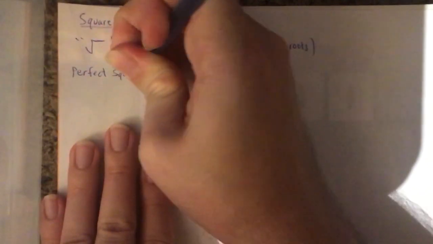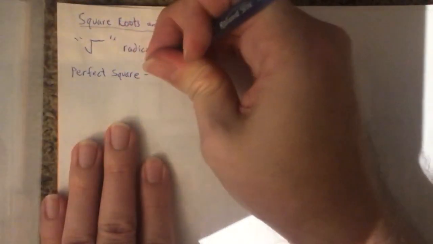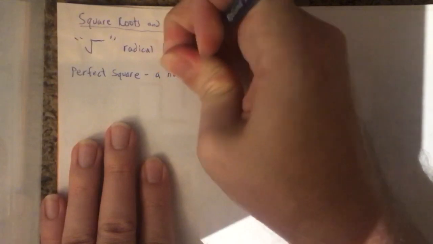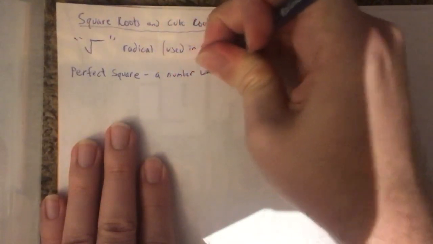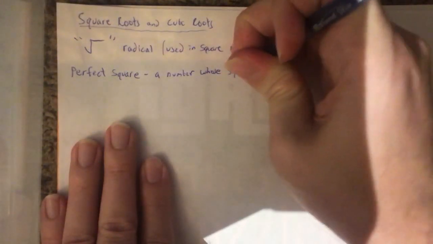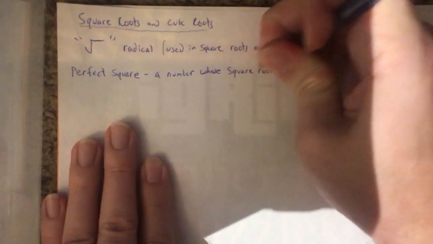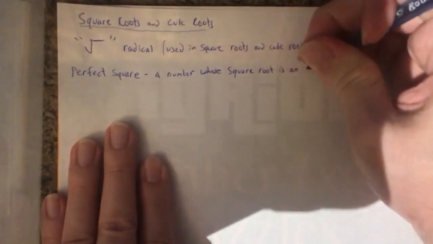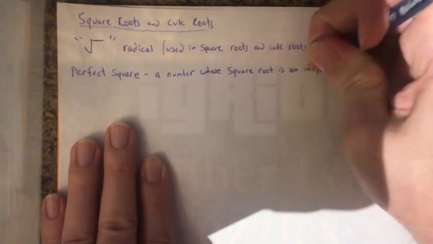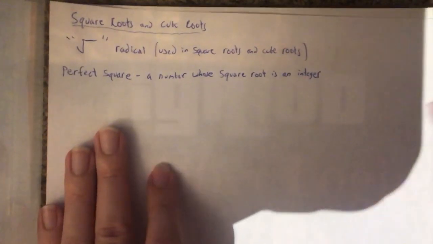The first one is perfect square, and we're going to later make a list of perfect squares. A perfect square is a number whose square root is an integer. Again, a number whose square root is an integer.